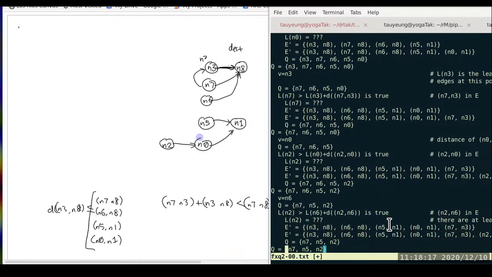And this one does. n2, n6. So we know n2 also connects to n6. And n2, n6 triggers an update. So that means we know that the path n2, n6, n8 has a length that is less than the other path, which is n2, n0, n1.